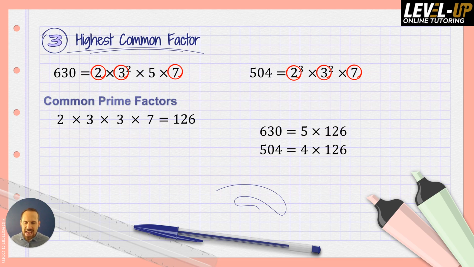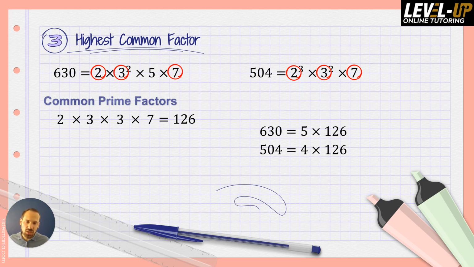Because you think about it, if you include any other factor, like if I put a 5 into that, then we know it wouldn't be a factor of 504 because 504 doesn't contain a 5. It doesn't have that in its recipe. And so we know this is the highest one. We've included as much as we possibly can. And we can also tell that from where I've shown them both as a multiple of 126, you see the 5 and the 4 don't share any common factors.